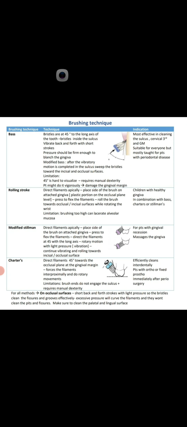For all methods, on the occlusal surface use short back and forth strokes with light pressure, so the bristles clean the fissures and grooves effectively. Excessive pressure will bend the filaments and they would not clean the pits and fissures. Make sure to clean the palatal and lingual surfaces.